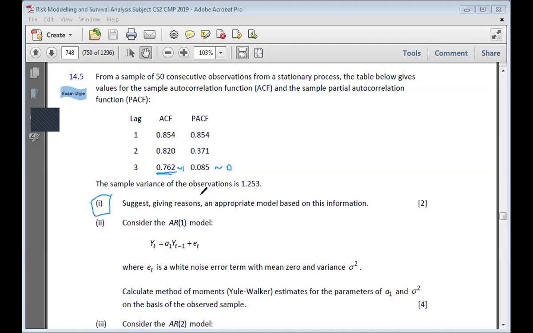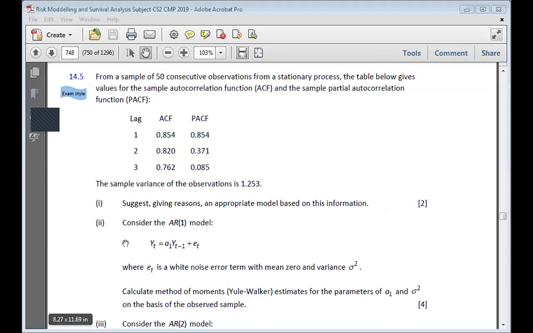Lag 2. Why do you think it's 2? Because my PACF after lag 2 is almost close to 0, right? It is 0.085, which is almost 0. So I can easily see that the model I'm looking at is AR with lag value 2. Okay, that was very easy.